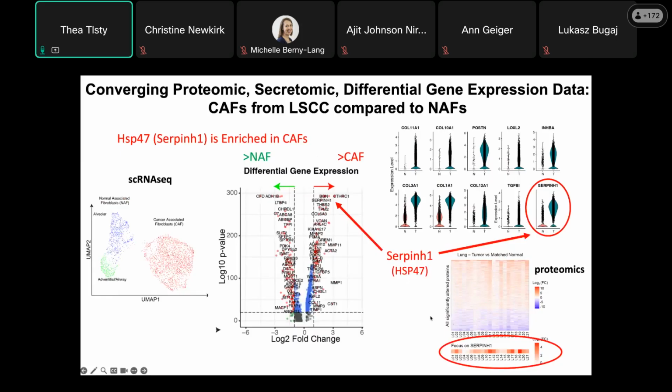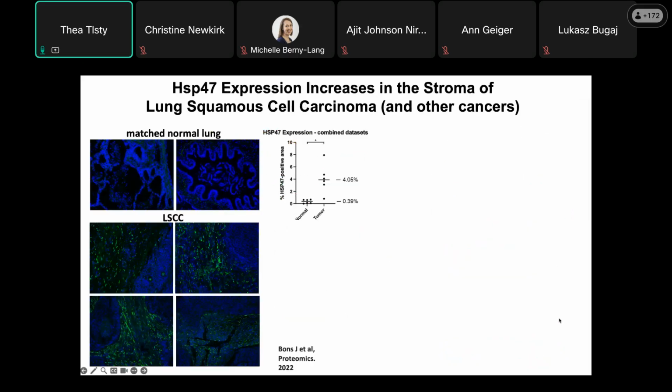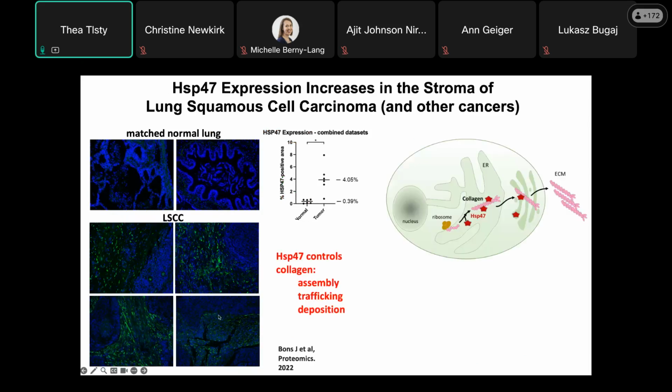And you can see in these 21 clinical samples, it's pretty much upregulated. This is what it looks like. Here is the normal human bronchial airway. There is no green signal there. The green signal is for HSP47 expression, and here you can see it in a subpopulation of fibroblasts in this squamous lung cancer.